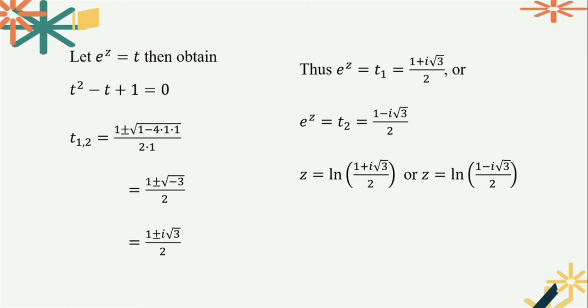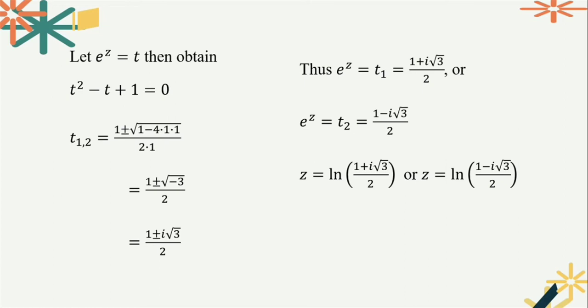Then if exponential z is equal to t1, this equals 1 plus i square root of 3 over 2.